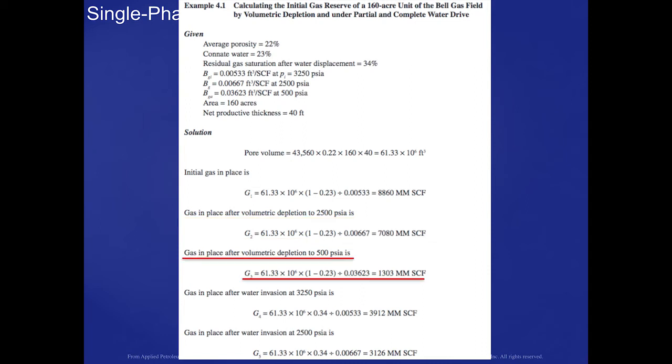The gas in place after volumetric depletion to 500 psi is the same expression, but divided by the formation volume factor at that pressure, as shown on this line. The gas in place after water invasion at 3250 psi is given by this with the residual gas saturation and the formation volume factor, and at 2500 it is given in this next line.